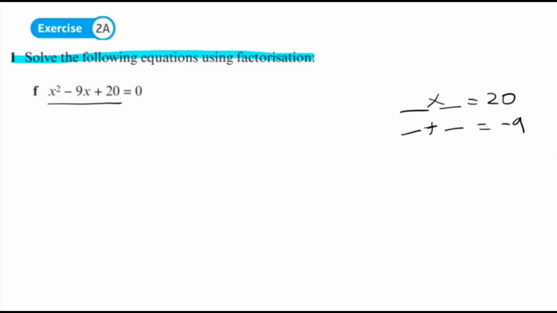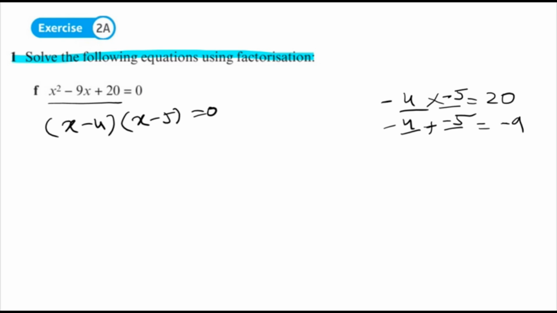Going over the factors of 20, I know it is minus 4 and minus 5. When I multiply they give me 20 and when I add them they give me minus 9. So I can write x minus 4, x minus 5 equals 0.